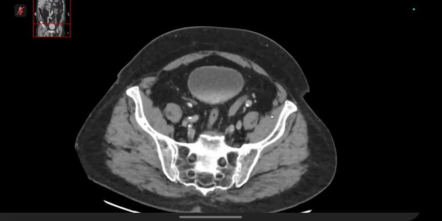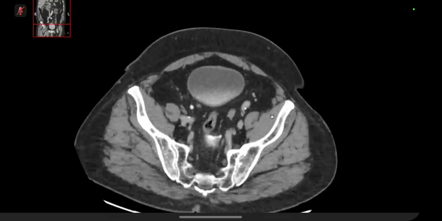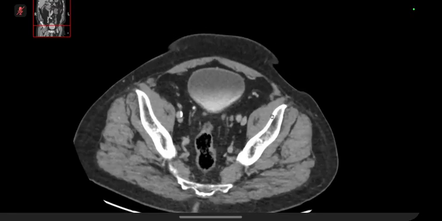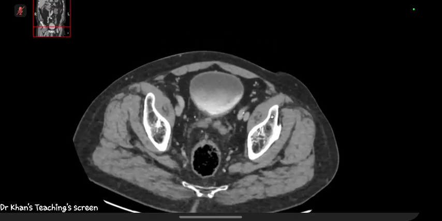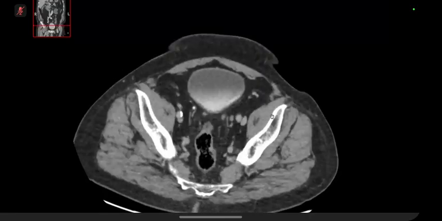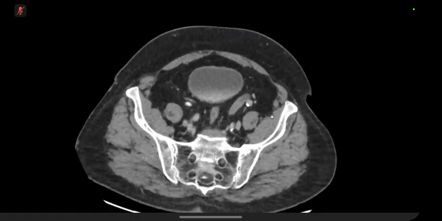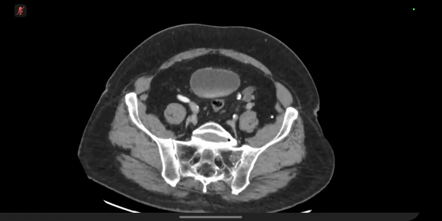Yeah, there. Okay. So in the lower part of the ureter, I see some soft tissue density in the lumen of the ureter, which is enhancing on the post-contrast images. Okay. So the outpouchings I was seeing, I think they are basically the tortuous part of the ureter only.